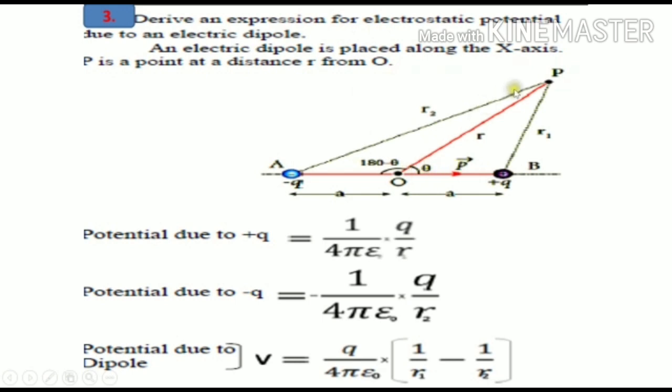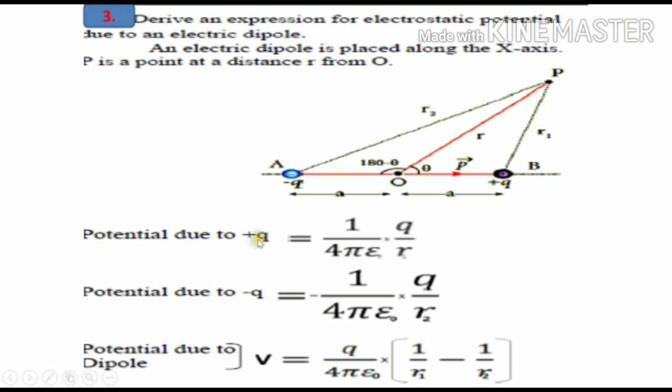P is the point at a distance r from O. Here we are considering any point P. In previous questions we considered the axial line and the midpoint, but here we consider any point P. It makes an angle theta with the center O. The distance from O to P is r. The distance from plus Q to point P is r1. The distance from minus Q to the point P is r2.